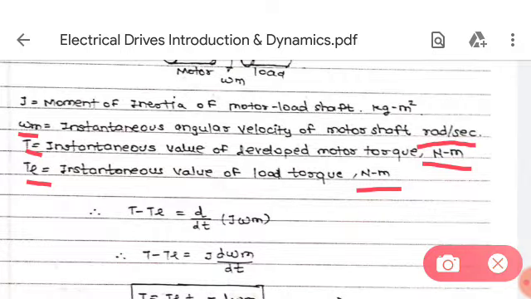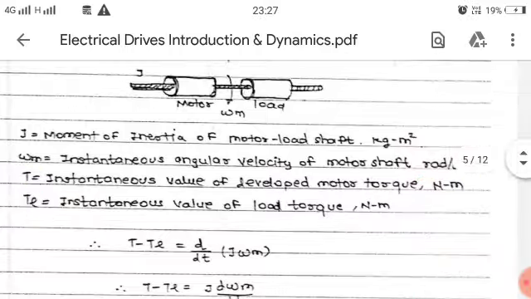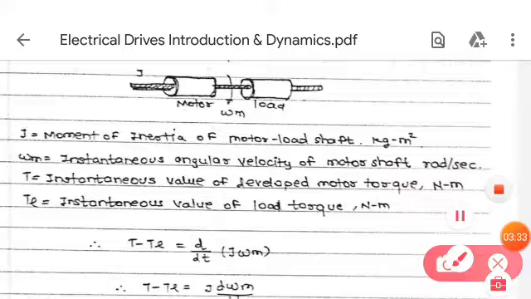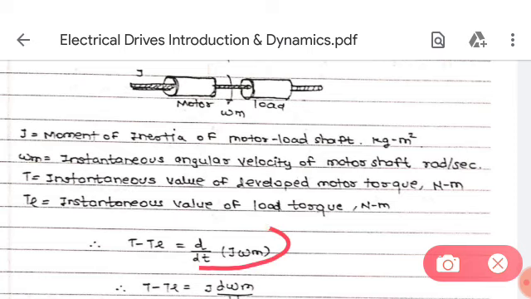Now from the laws of motion, from the fundamental or basic equations of motion or Newton's laws, whatever is the difference between the motor torque and load torque, that can be given as this quantity.